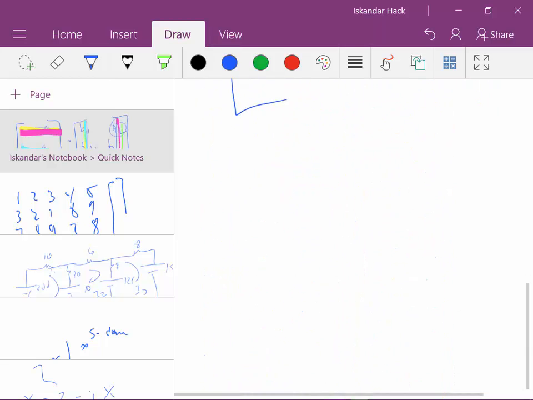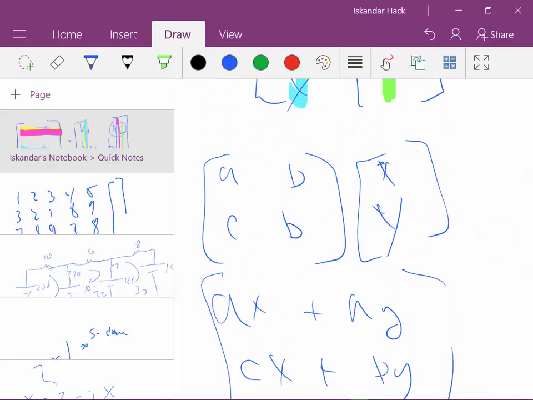So you multiply arrays right there. And dividing arrays is a little trickier. I'm not going to talk about dividing arrays right there.